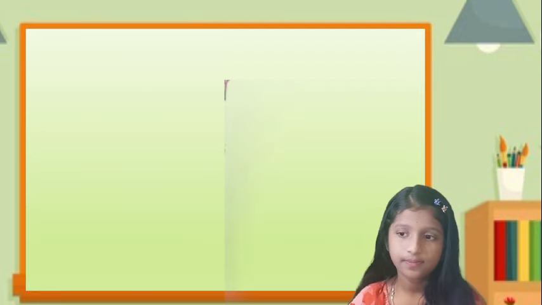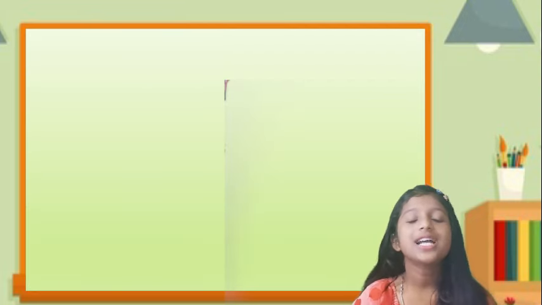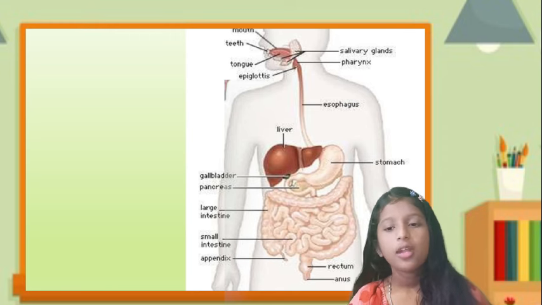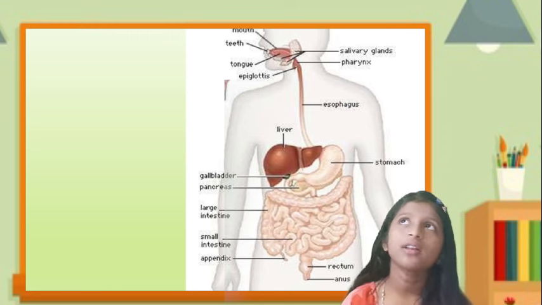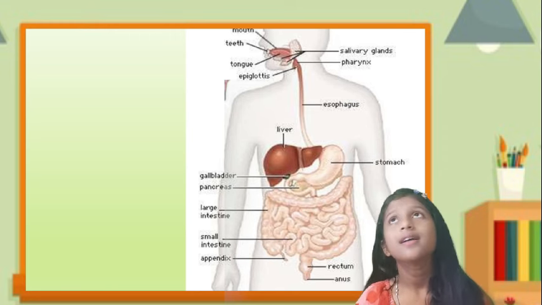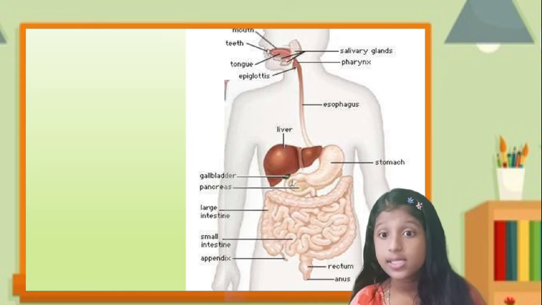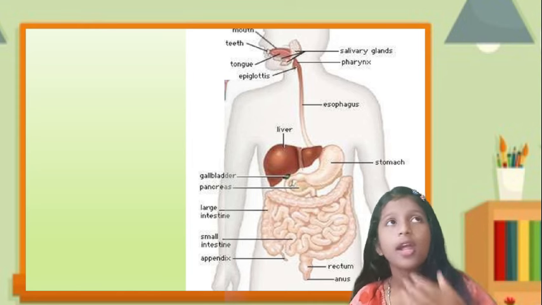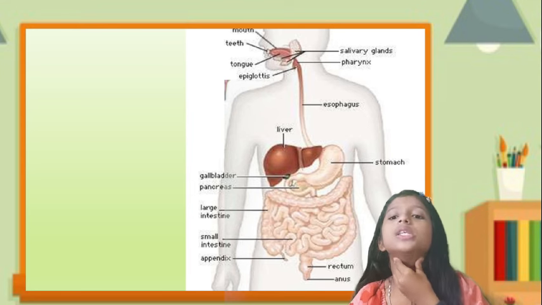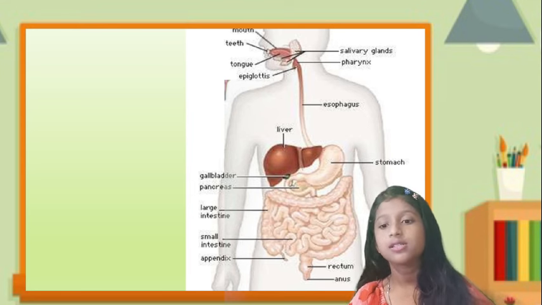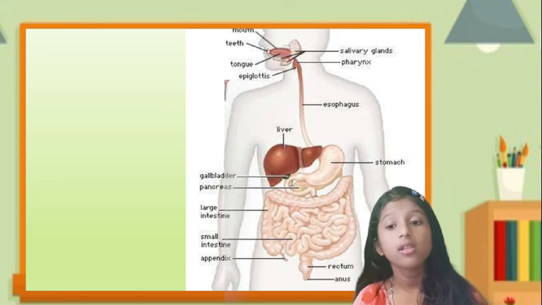Digestion in humans. What is digestion? We all think the food goes to our stomach, it gets something, and the waste particles get excreted. No, there is some process. It goes from the mouth to the esophagus to the stomach to the small intestine to the large intestine.